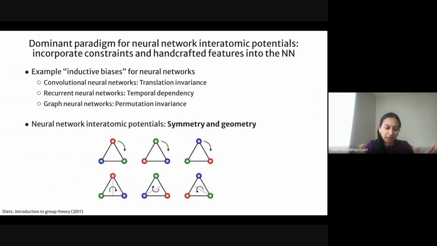Coming back to the previous point, we are seeing that fewer inductive biases actually seem to be winning out in the long run in many other fields of ML. In neural network potentials, one of the most common inductive biases is symmetry and geometry. If certain molecular systems have certain types of symmetries, should we be trying to fit them into the neural network architecture itself?